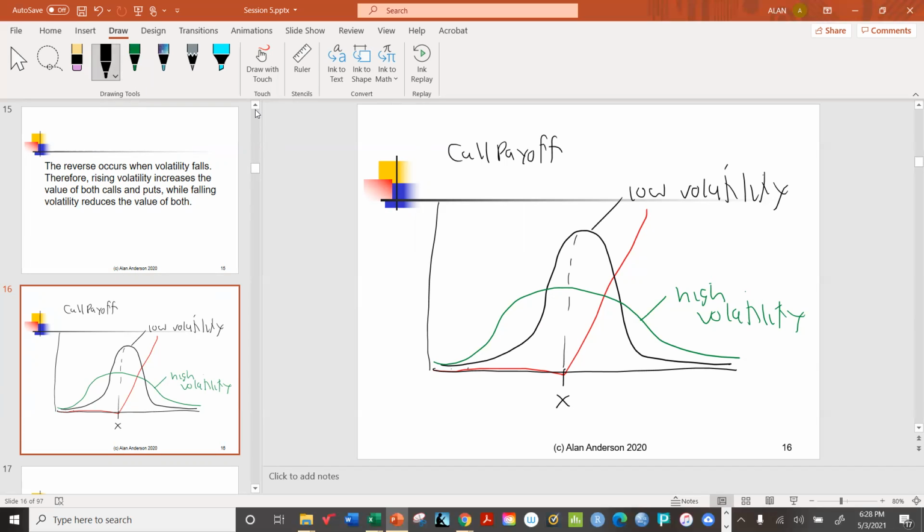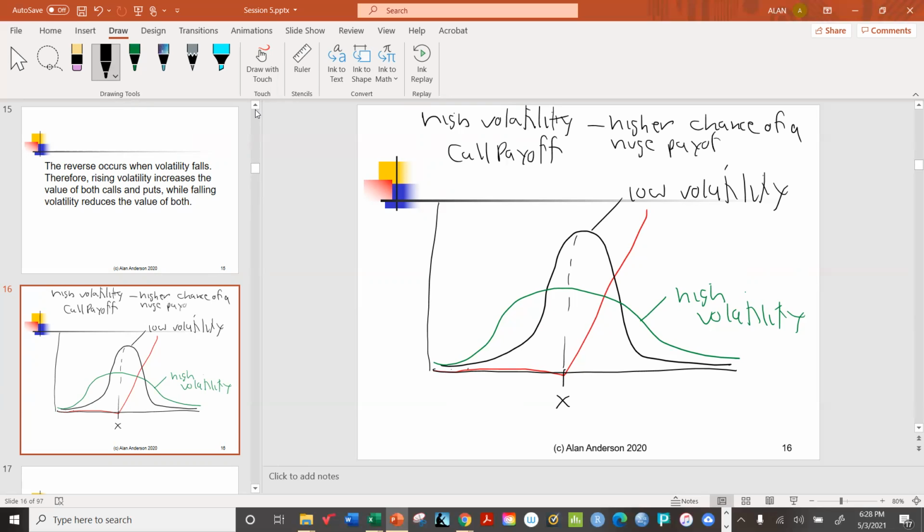Okay, so the high volatility, there's a higher chance of a huge payoff combined with a higher chance of a zero payoff.